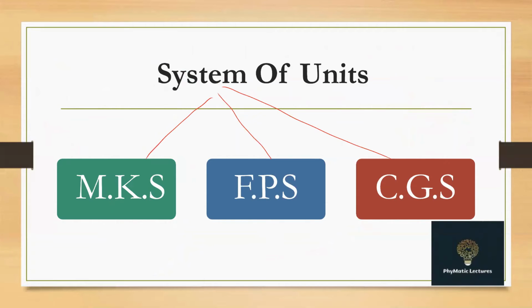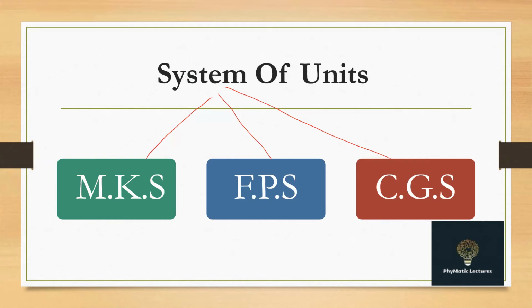In MKS, M means meter, K means kilogram, S means second. The basic physical quantities length, mass and time are expressed as meter, kilogram, and second. That system is known as MKS system.